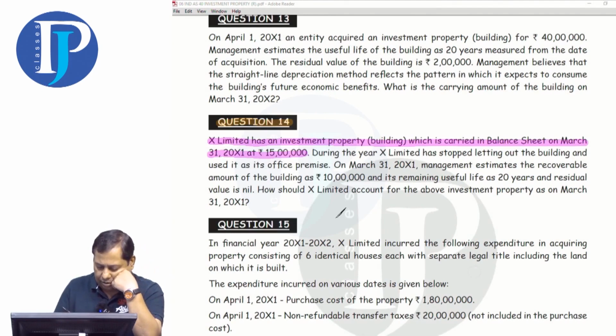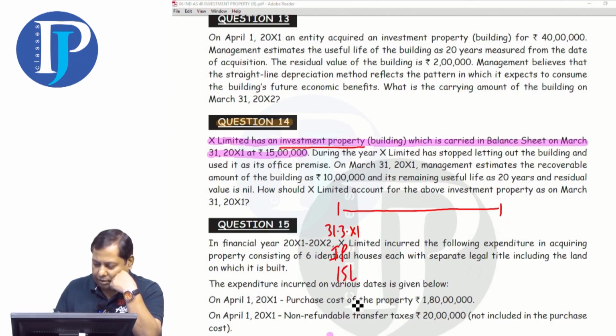Okay. Let me draw a timeline. We are talking about March 31st, 20X1. How much is investment property worth? So it is worth 15 lakhs. Okay. This is carrying amount.